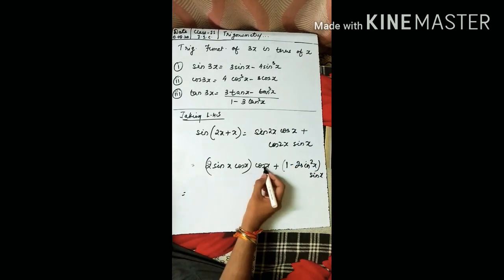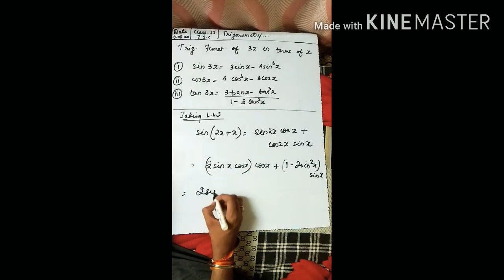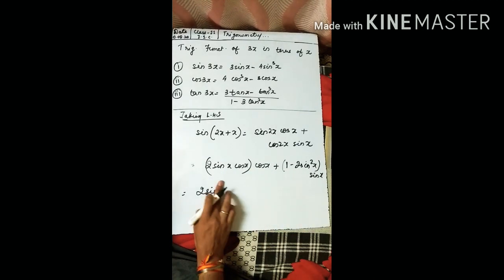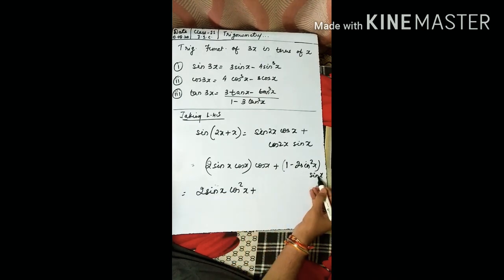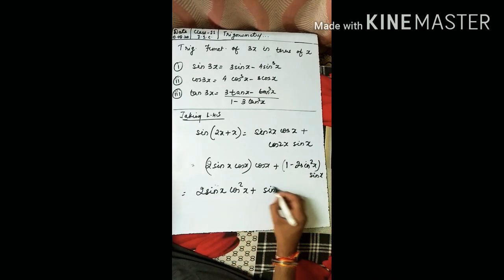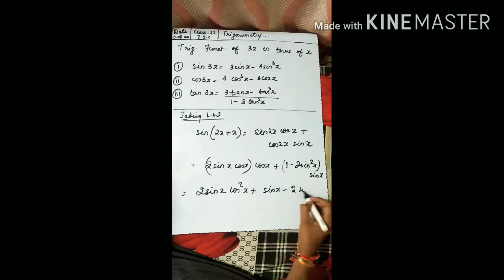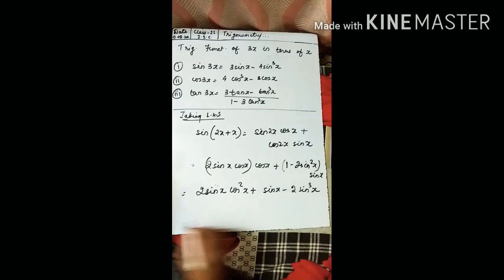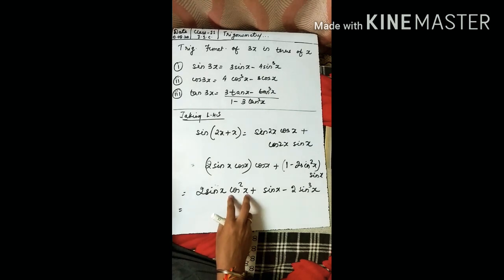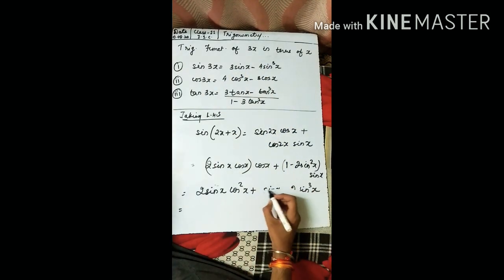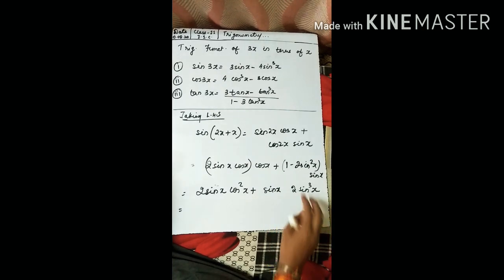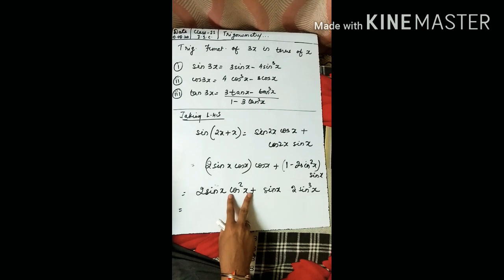Now multiply this cos inside, so 2 sine x cos square x plus, now multiply the sine x, so sine x minus 2 sine cube x. We got this. Now we need to remove this cos square x too, because we want all the things in sine.